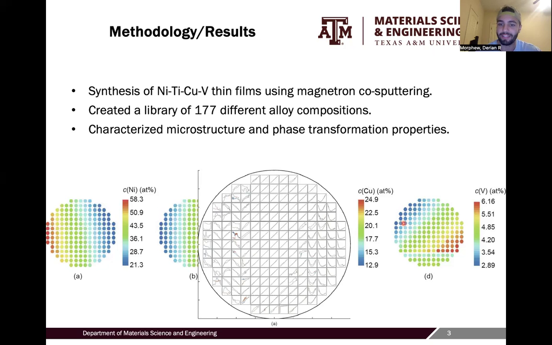Then they used these resistance measurements, the characteristic temperature hysteresis width, and these resistance curves, and they could relate these crystal structures and the compositions to the desirable, small hysteresis widths that also showed these shape memory effects, as you can see, like I mentioned earlier, in these U shapes on the right-hand side of the wafer.